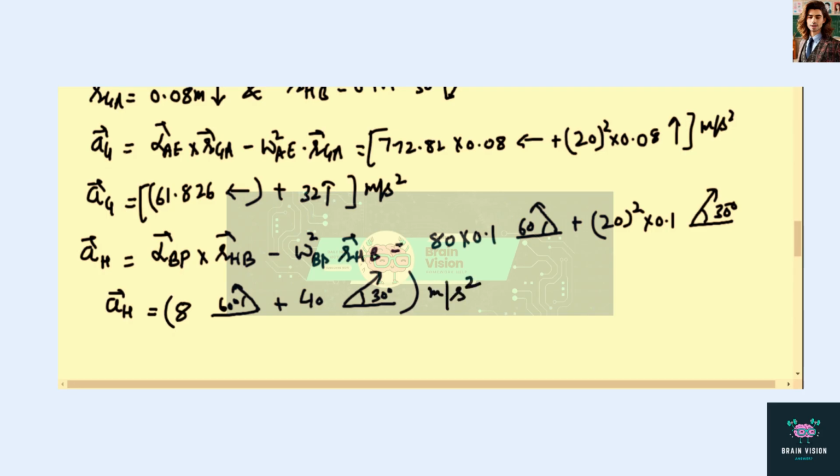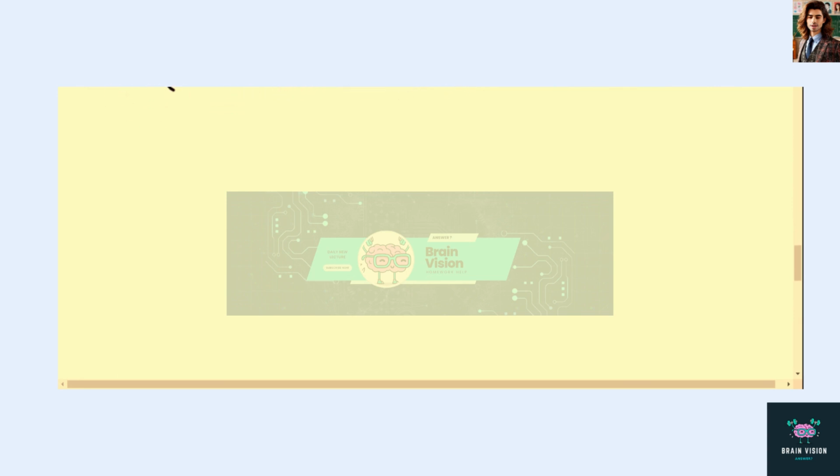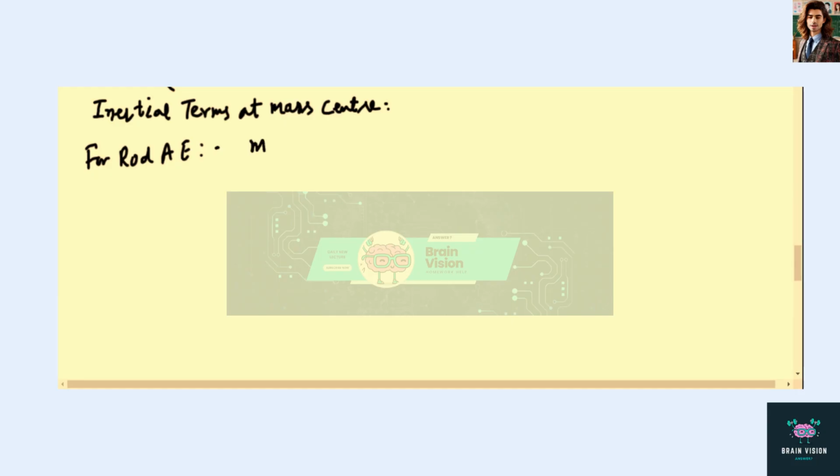Now we will calculate inertial term at mass center. For rod AE, mass of AE into acceleration of center of mass of AE.